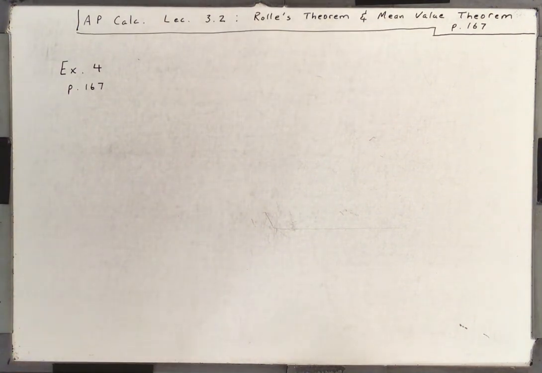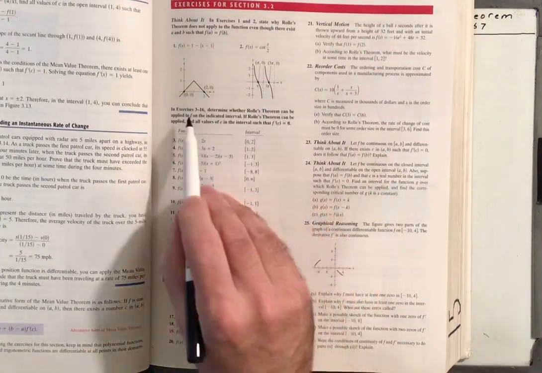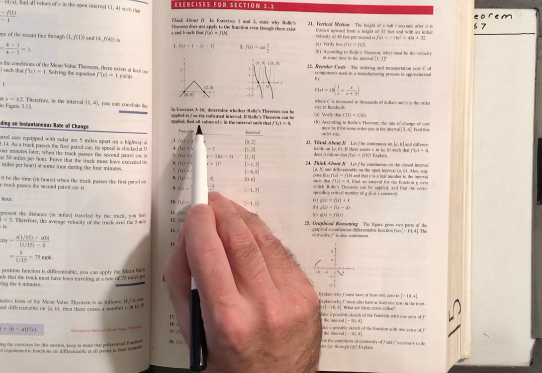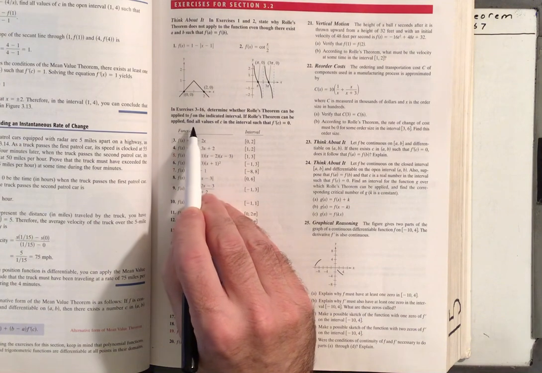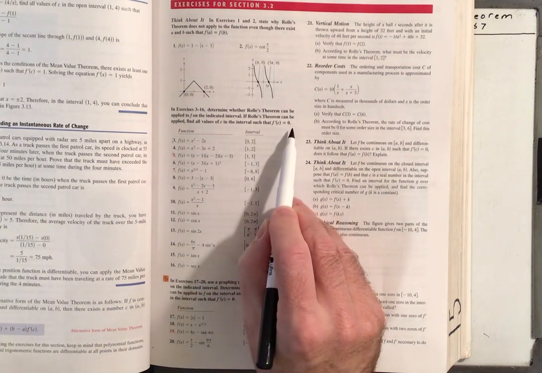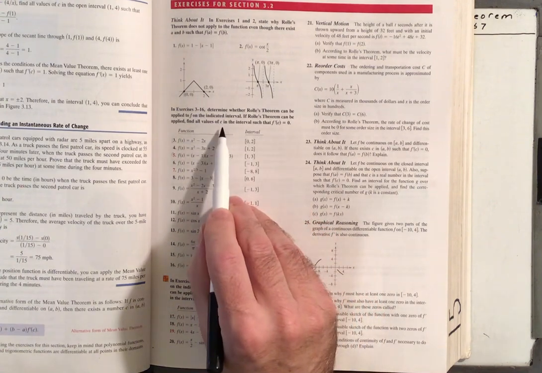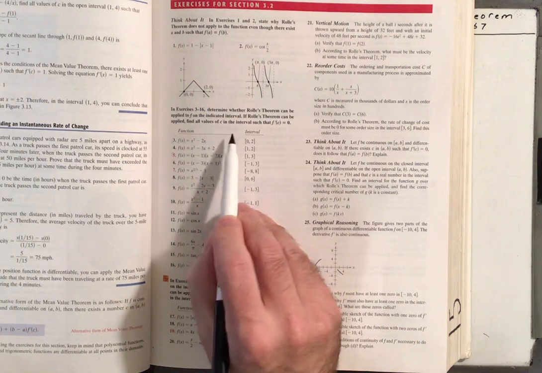Okay, so if you'll take a look at that in your book, the instructions say determine whether Rolle's theorem can be applied. So we've got to do that first on the indicated interval. If Rolle's theorem can be applied, find the value of C such that f prime of C is equal to 0. So we want to know where there's a horizontal tangent line between the 2 endpoints.